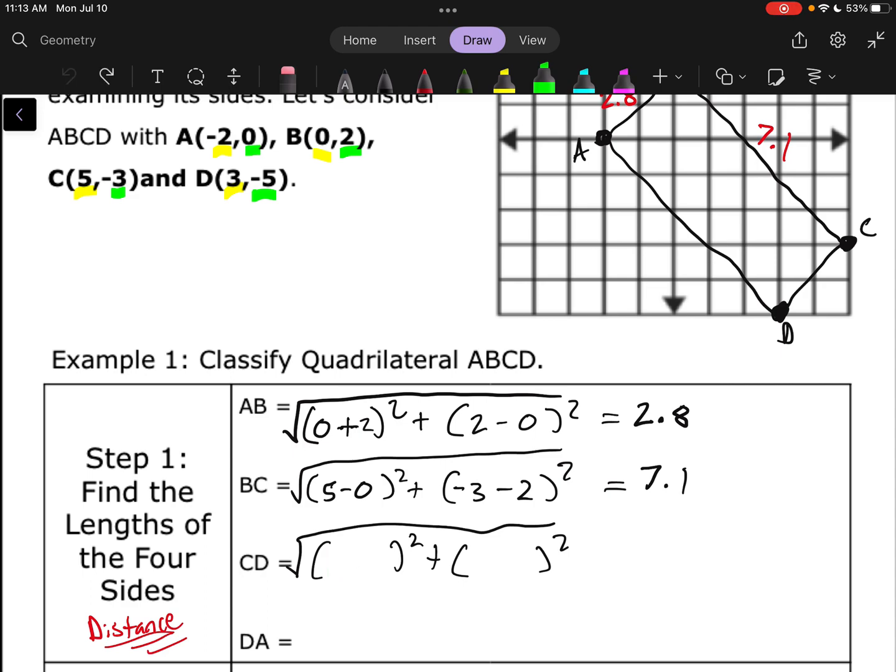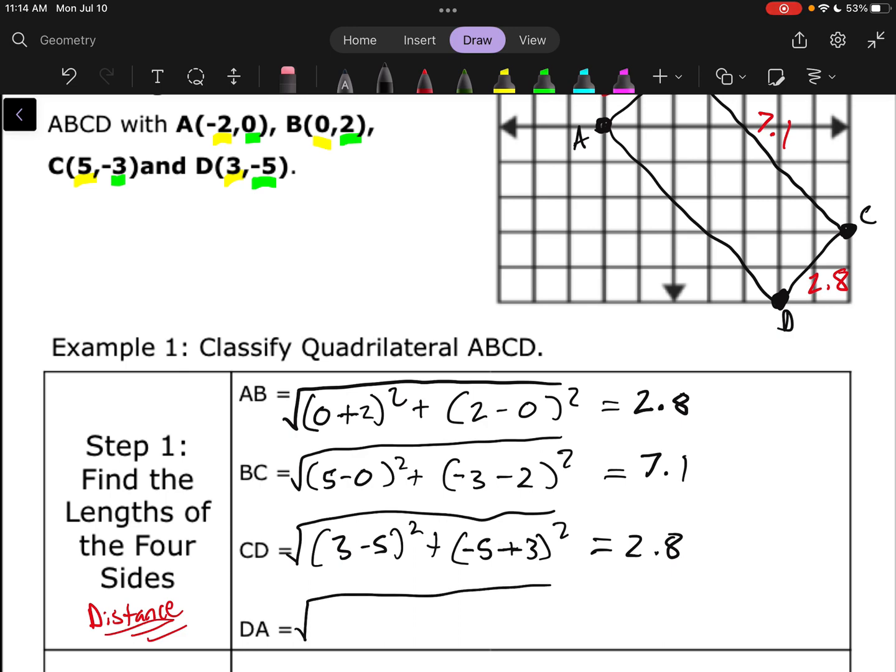And then for the y's, we're going to be doing -5 minus -3, but minus a negative is plus. So that's 3 minus 5 and -5 plus 3. And I'm getting, plugging that into my calculator, 2.8. So things are looking good for our rectangle theory.